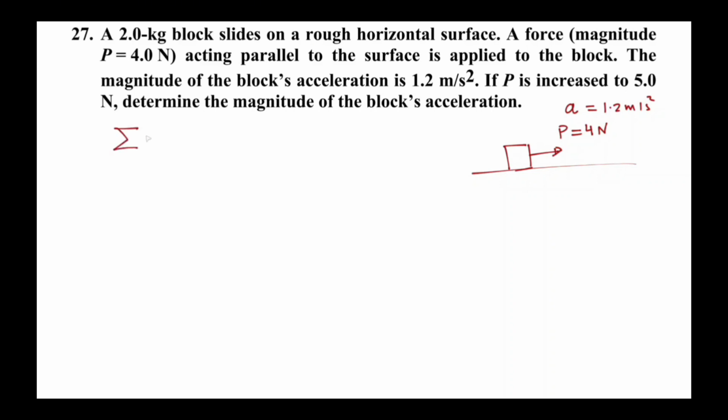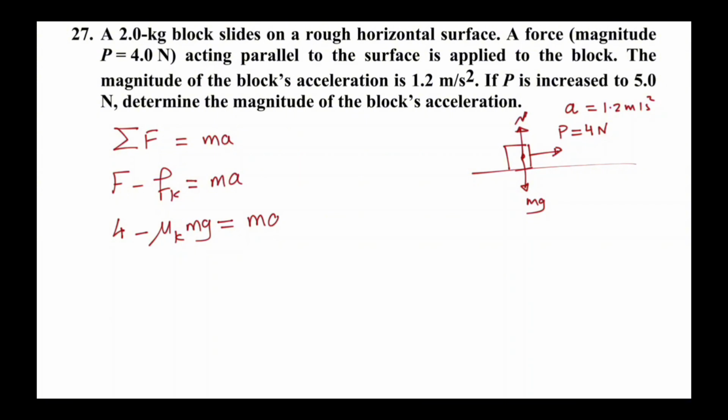Sum of all forces equal to ma, and F minus Fk equal to ma, and 4 minus mu k, normal in this case it's equal to mg, equal to ma.